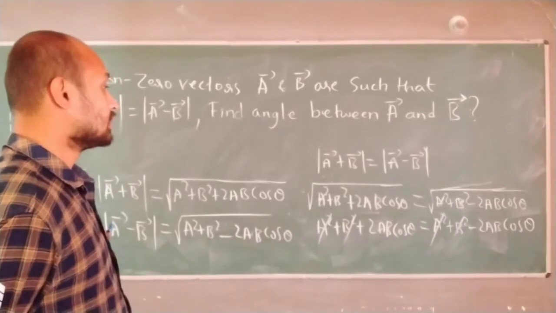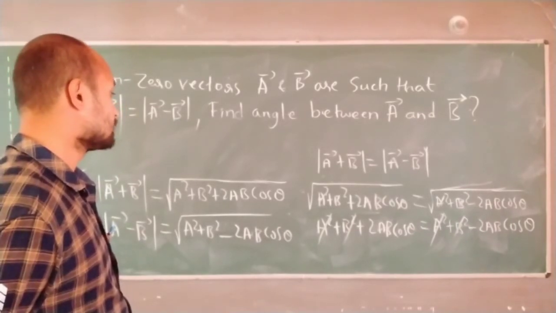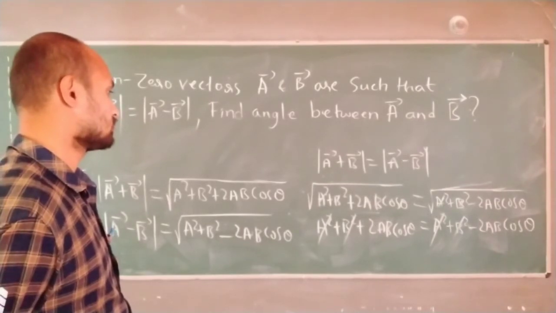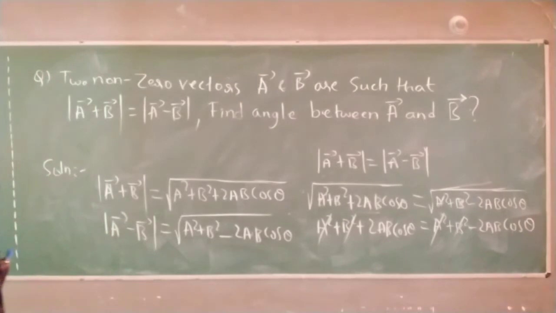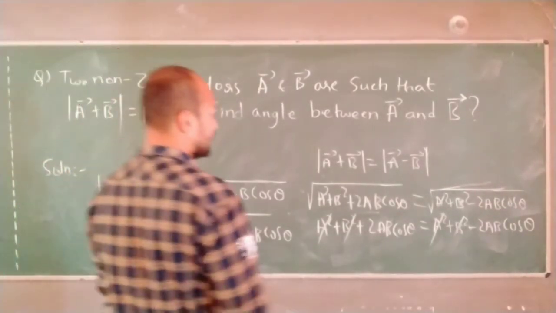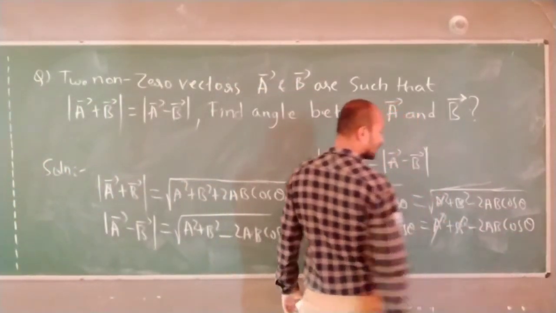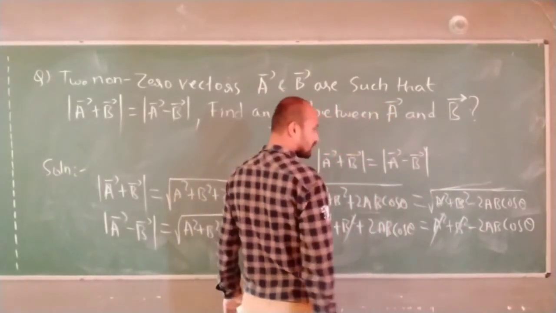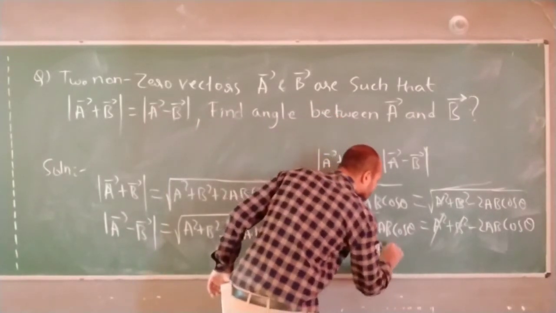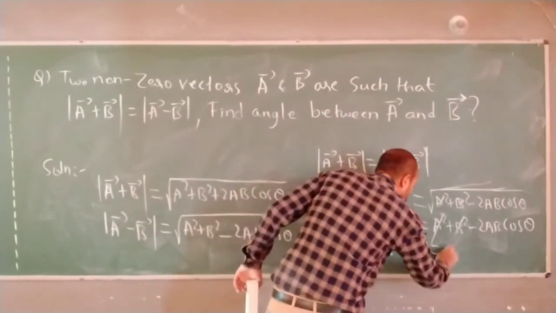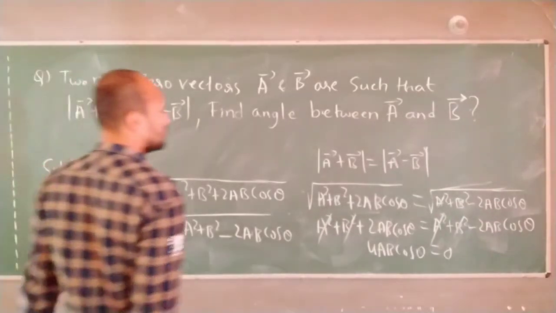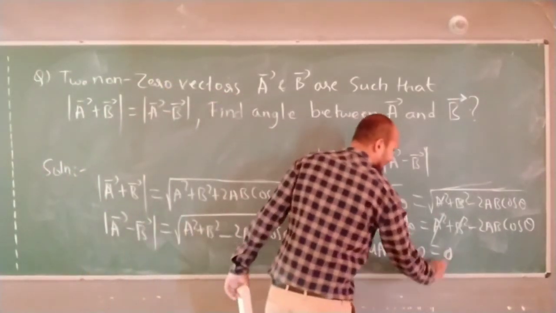If I bring the minus 2AB cos theta across, this is going to be 4AB cos theta, which will be equal to 0. Since A and B are non-zero, cos theta is equal to 0.